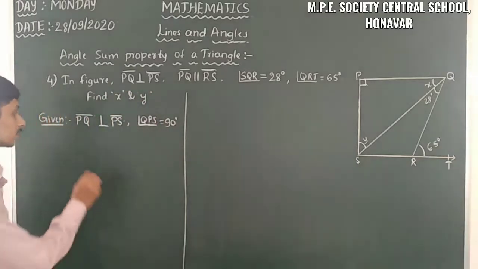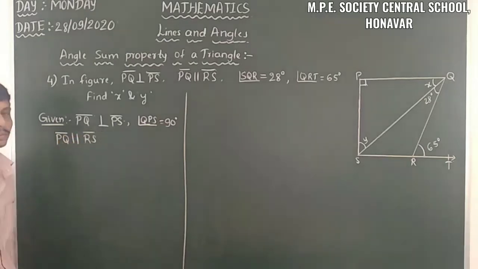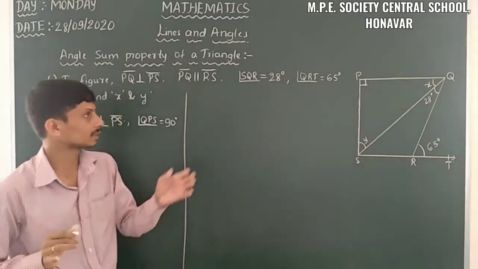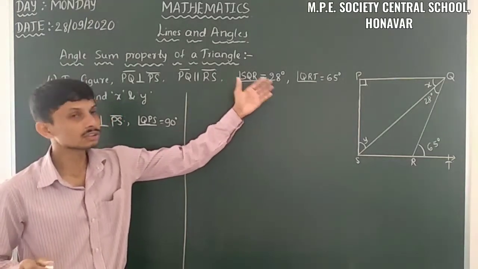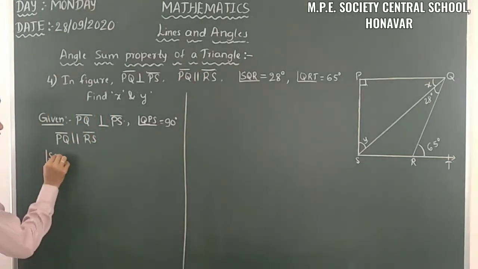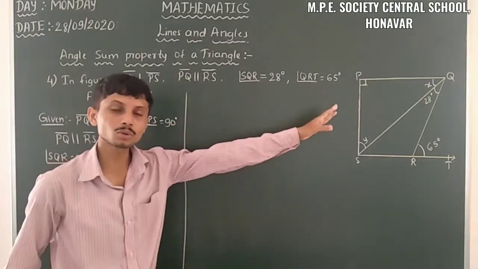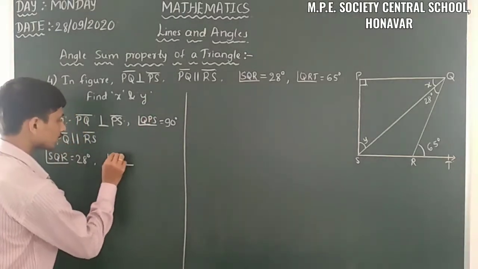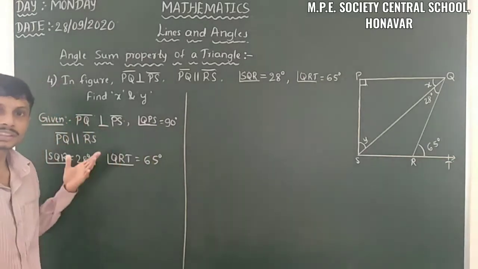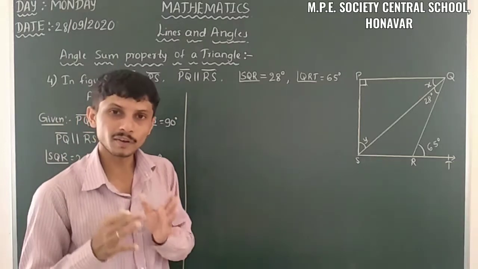PQ is parallel to RS, and we can use some axioms and theorems with the help of that. Angle SQR is equal to 28 degrees, and angle QRT is equal to 65 degrees. So these are the givens. Then we have to analyze how to find the value of x and y.